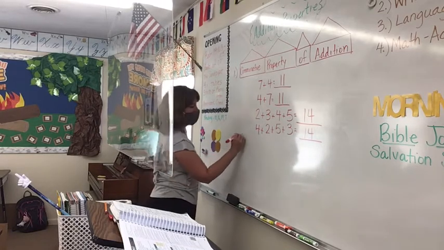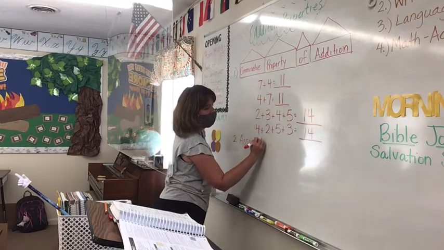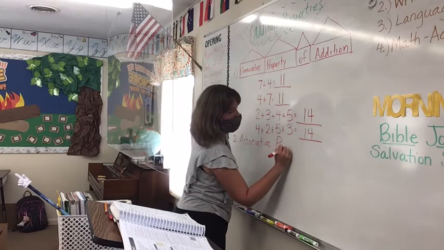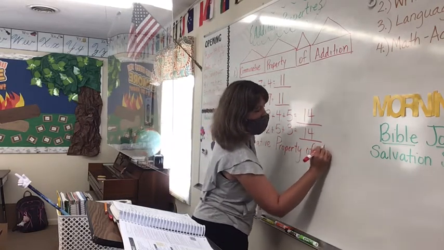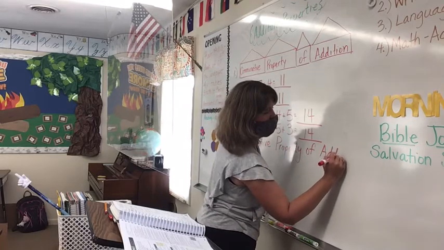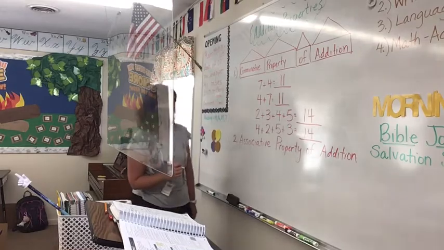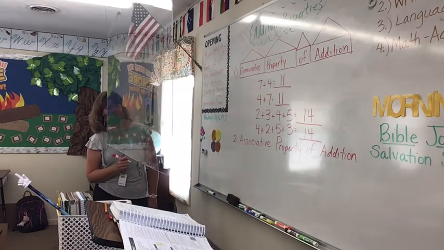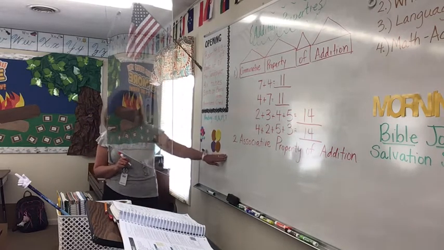I'm just going to write it out for now. Should we write that? Yes, it's very important. I'm not quite sure how to draw it. Maybe once we learn it, you can give me an idea how we could draw it.